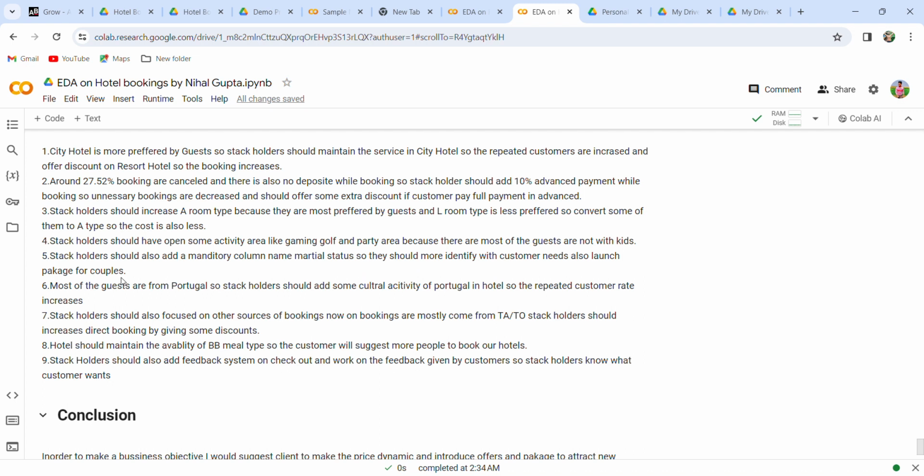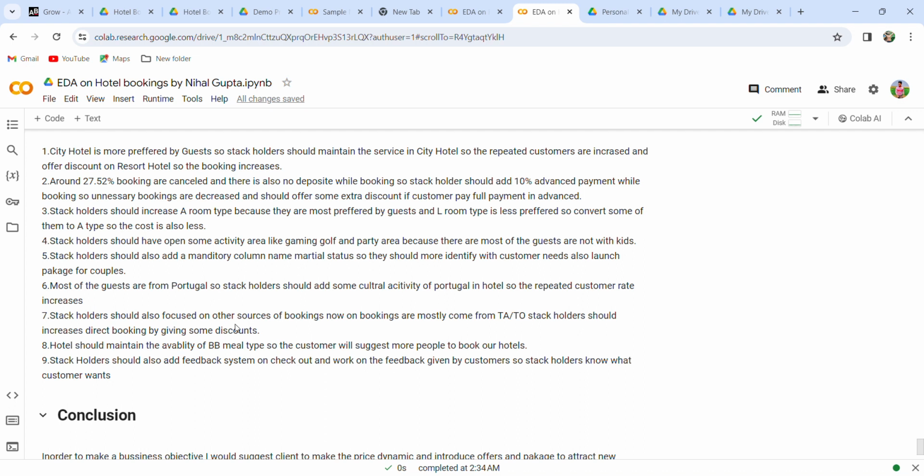So this is also a good idea. Most of the guests are from Portugal, so stakeholders should add some cultural activity of Portugal in the hotel, so the repeated customer rate will increase. We have seen that repeated customers were very few, and if Portugal's customers are very high, then we can add some cultural events, and by that we will attract people.